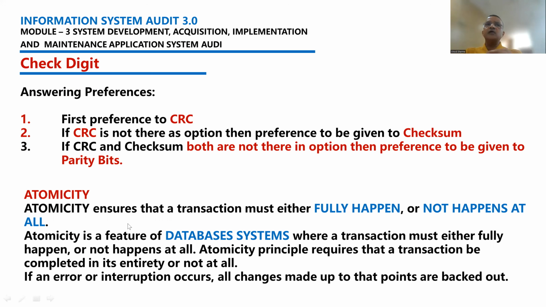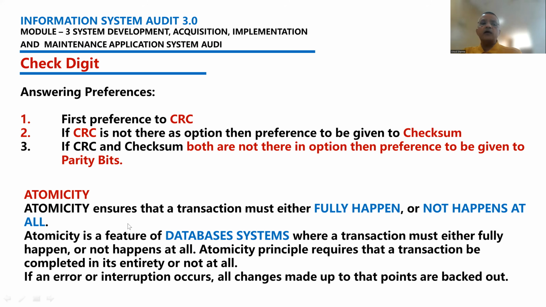For example, if I have used my credit card for making the payment, and I have entered my CVV number, and I press enter, and by the time it is being processed, suppose there is some electric mishap and the transaction is incomplete. Then the entire chain of transaction following from my CVV number should either fully happen or not happen. That means either it should complete the entire transaction or it should say that the transaction is not happening.